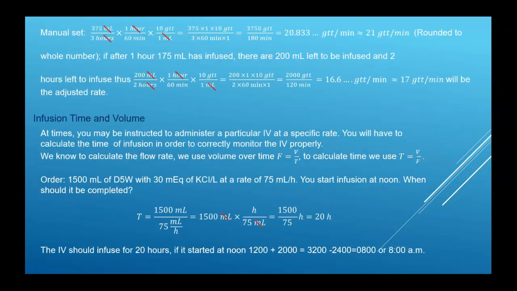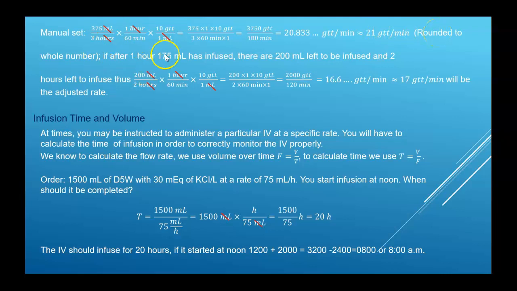Okay, now if we had a manual set, 375 milliliters, 3 hours, we want to convert our hours to minutes, so 1 hour to 60 minutes, and our tubing set 10 drops to 1 milliliter, so we end up with 20.83 or 21 drops per minute.